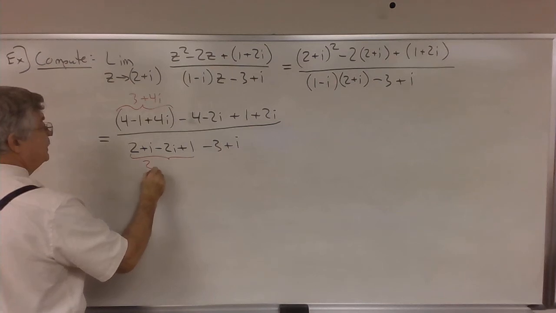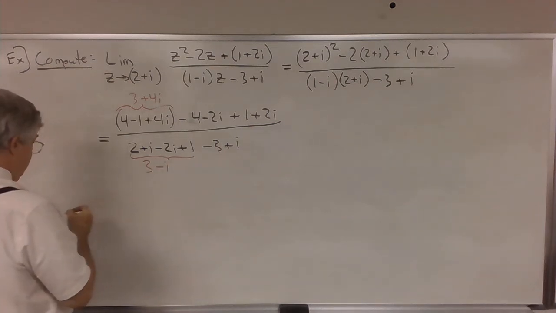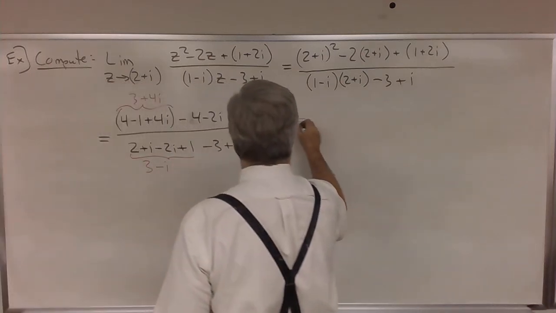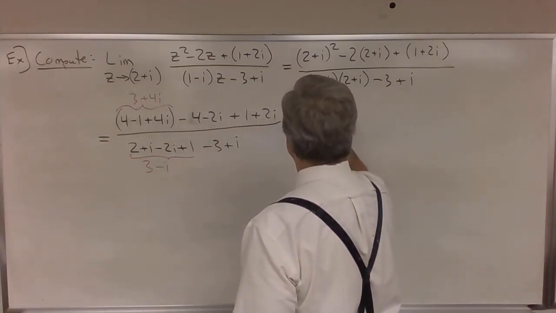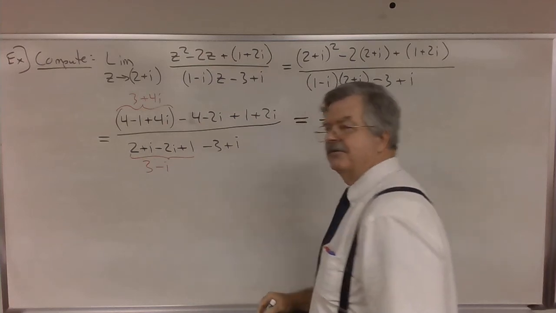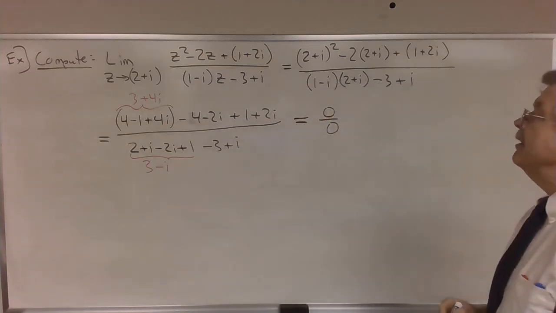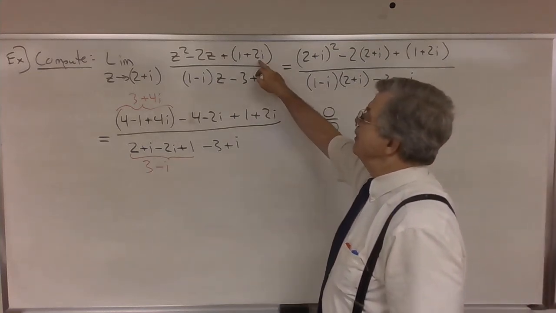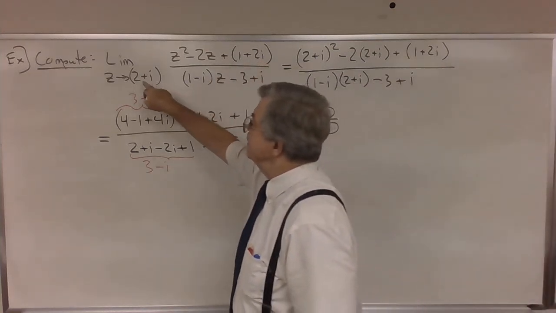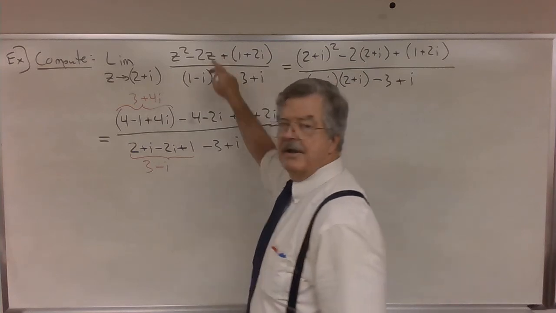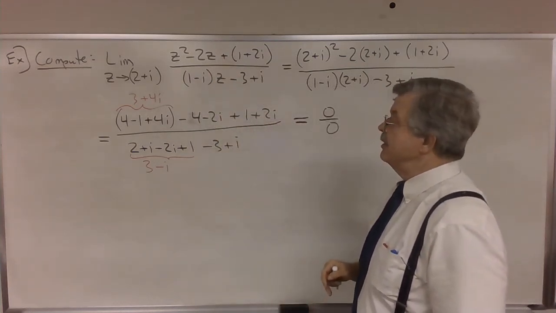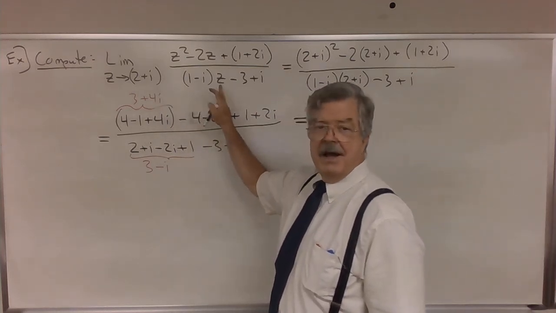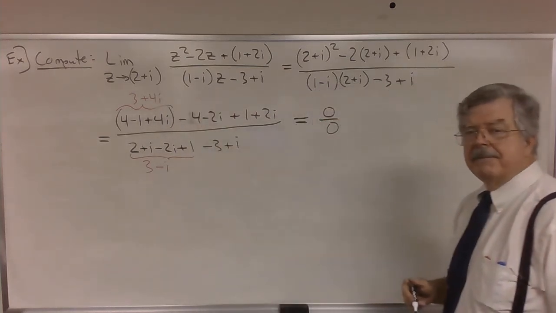This is 3 minus i. Yeah, so here's what happens. We add these up, we get 0 over 0. So if we plug z naught into the numerator, we get 0. If we plug z naught into the denominator, we get 0.